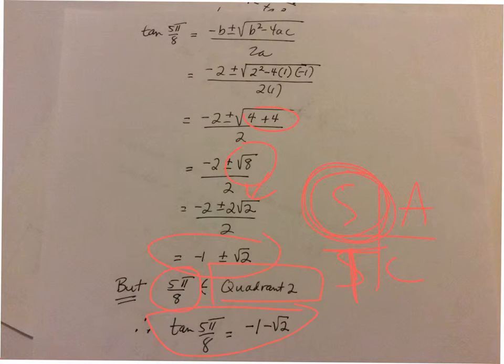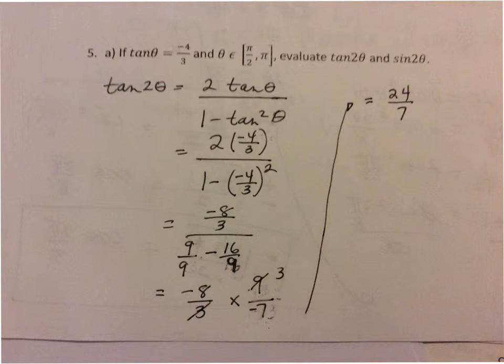Now on to number 5a, and there are two parts to 5a. For 5a, tan theta is -4 over 3, and theta is between pi over 2 and pi, so that means this is in quadrant 2.